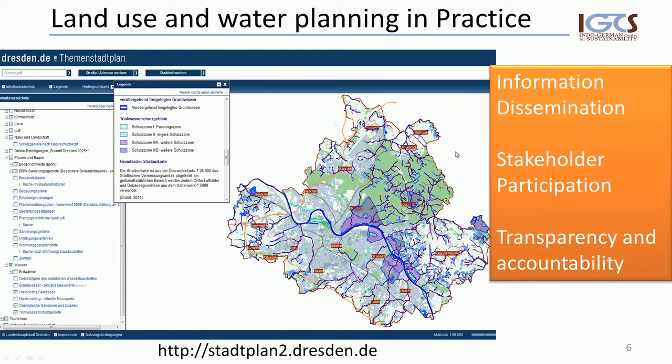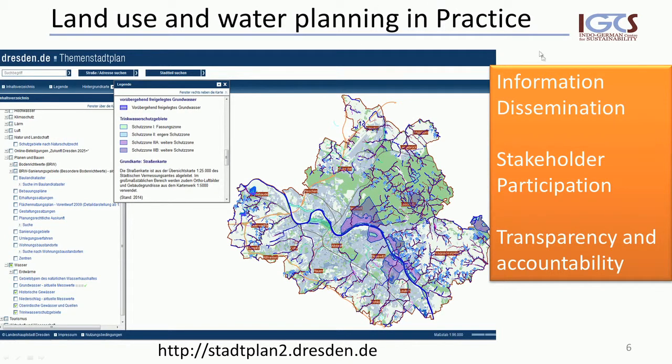Now this brings us to the point that information dissemination is very important when we conduct this planning exercise. One thing is to have good plans, or several volumes of plans somewhere on shelves or with an expert group, which then will not be moving ahead to any implementation stage.